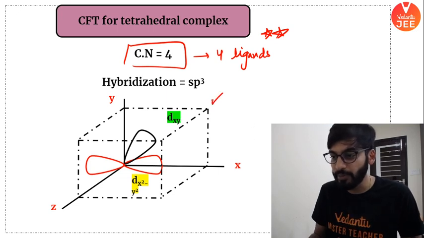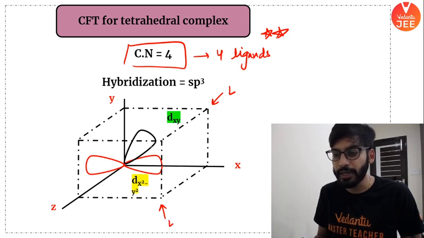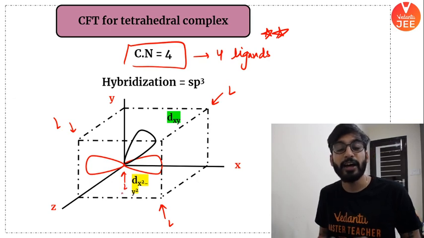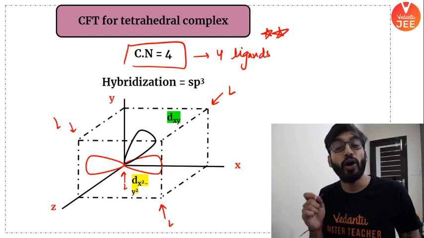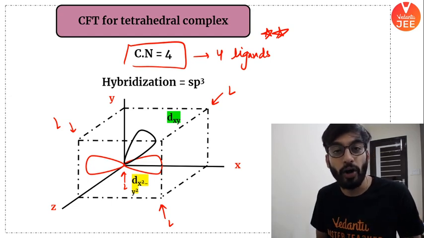If one ligand is coming from here, another ligand will come here. If this ligand is coming here, then another ligand would come just here. So basically there are 4 ligands, and these 4 ligands are approaching in an alternate manner.